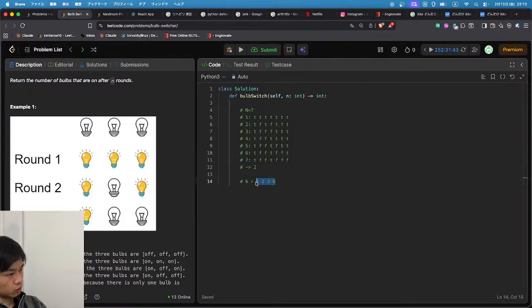So 6 has 4 factors, so it switched 4 times from off.